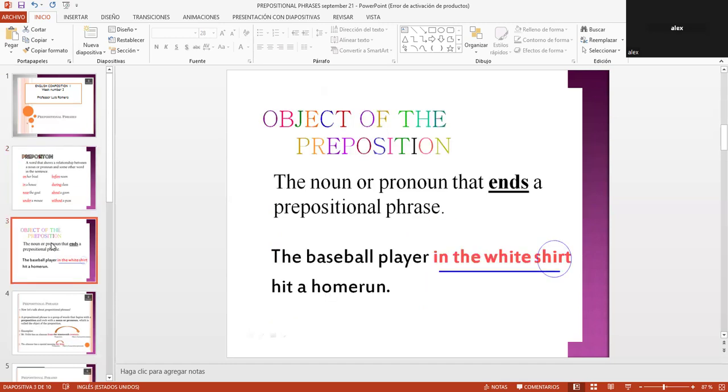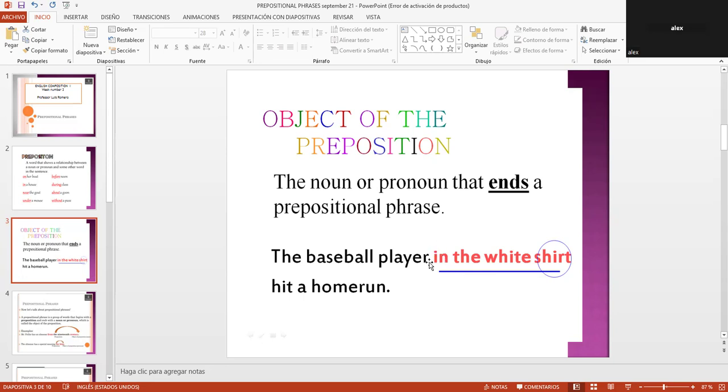Okay. So now the object of the preposition is going to be the noun or the pronoun that ends a preposition or phrase. Here you have it in the circle: shirt. In this case, shirt is the noun of the sentence. But is it a prepositional phrase? We can say without a doubt that it is a prepositional phrase. Why? Because it has the two elements.